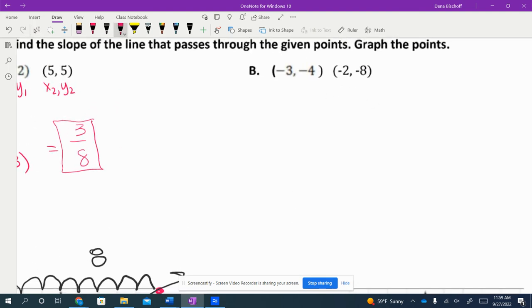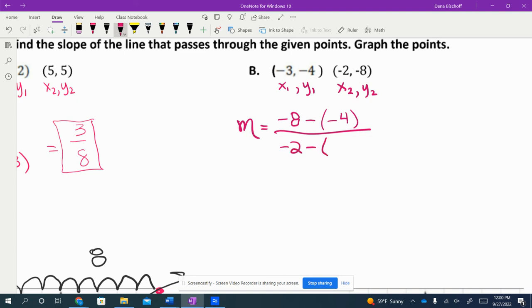I'm going to label my points again: x1, y1, x2, y2. So my slope is y2. What number is that? -8. Minus y1. What number is that? -4. Over x2. What number is that?